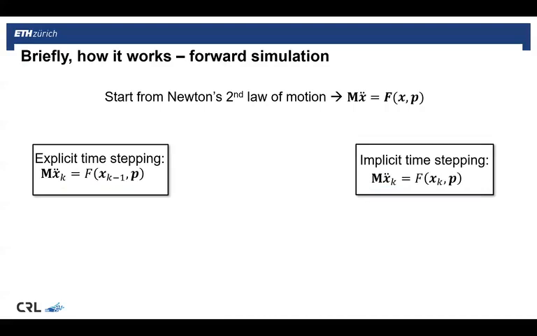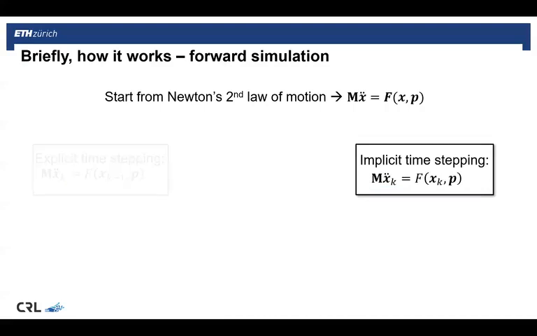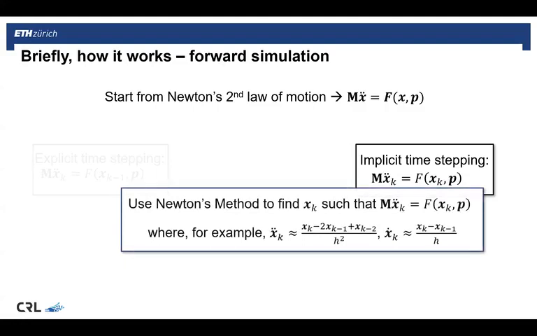For implicit time-stepping schemes, matters are a little bit more complicated. We actually have to run an optimization problem, essentially Newton's method for root finding, in order to find the configuration of the mechanical system at a particular moment in time, such that the implicit relationship between accelerations and forces is satisfied.